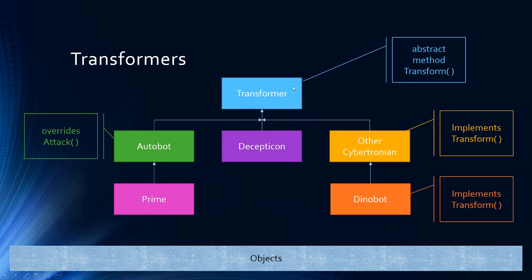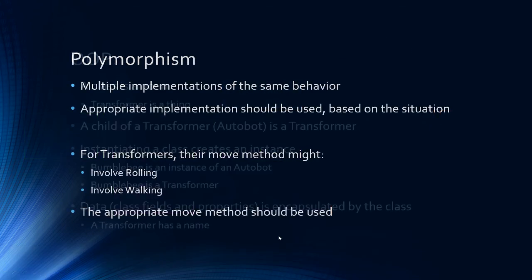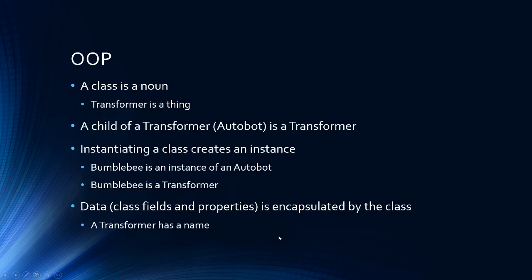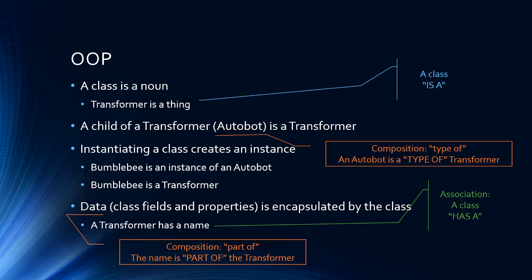A Decepticon is a transformer, an Autobot has a name. So I can walk through all of these different diagrams and say these relationships and make sure that things are set up properly. Because if I'm running into a problem with these relationships as I try to say them, then there's probably a design error.